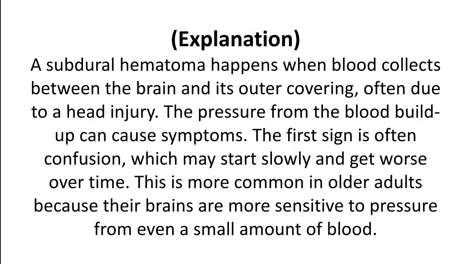Explanation: a subdural hematoma happens when blood collects between the brain and its outer covering, often due to a head injury. The pressure from the blood buildup can cause symptoms. The first sign is often confusion, which may start slowly and get worse over time. This is more common in older adults because their brains are more sensitive to pressure from even a small amount of blood.